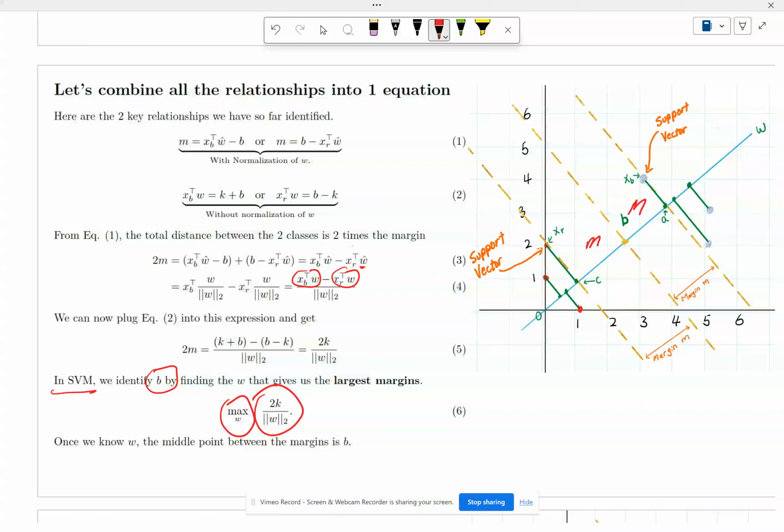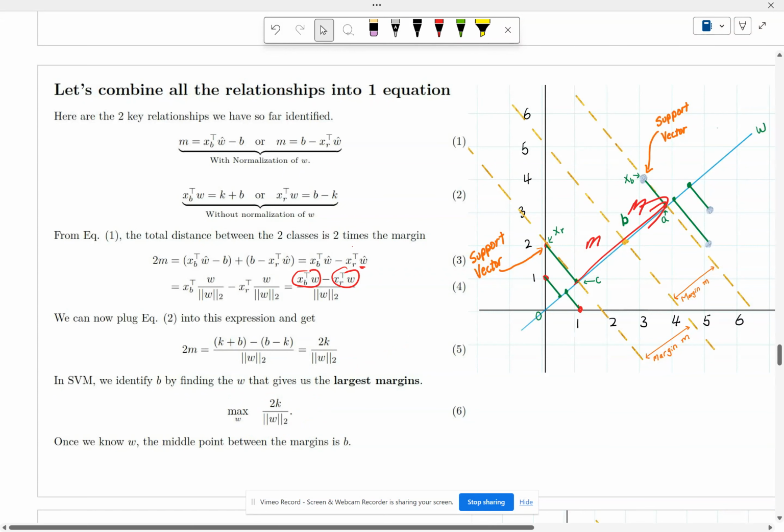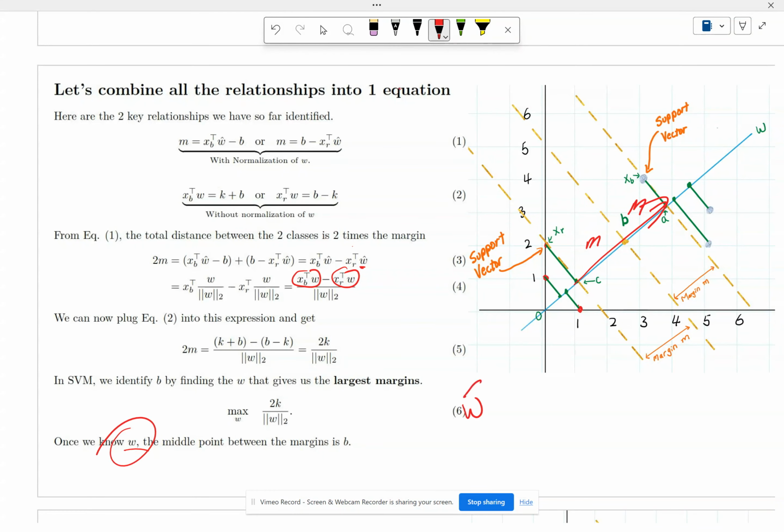All the work that we did is essentially to come up with the equation for the margin. So this is how we can measure the margin. Once we know W, we can always normalize W to get W hat, and then we can pick the middle point between the margins. So once we know W, we can also pick B, because then we know the middle point.